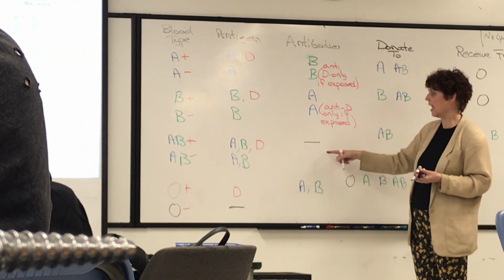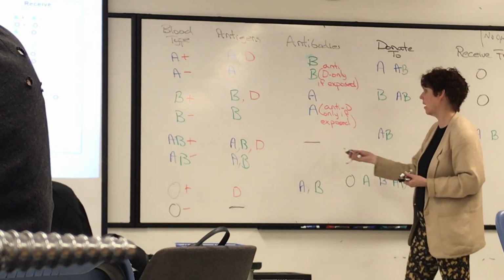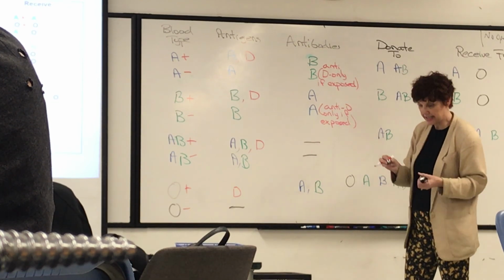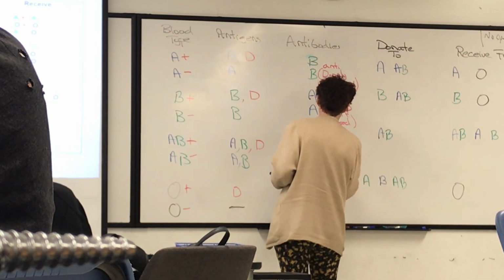And if they're AB negative, they're still not going to have A or B antibodies. And again, only the D antibody if they're exposed.